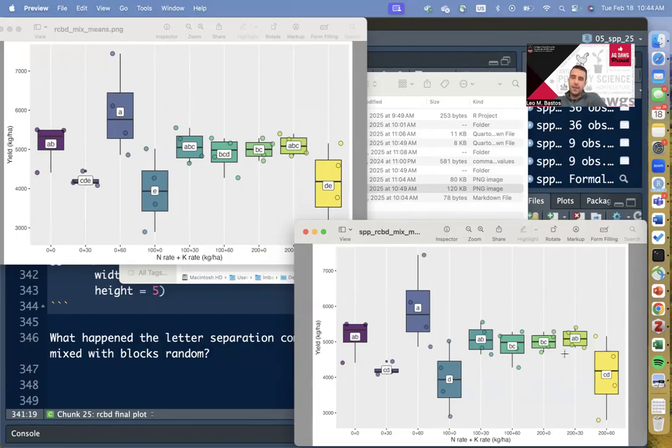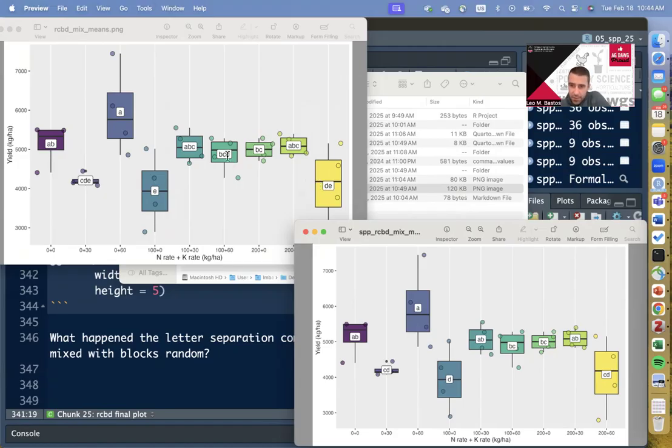So perhaps our interpretation of some of these comparisons has changed. For instance, this has letter D. This also has letter D. So these are not different. And this also has letter D. So these three are not different. And before they had the letter E, so that interpretation didn't change.